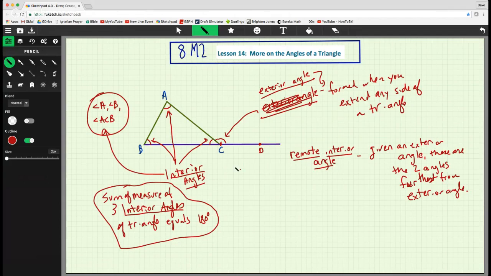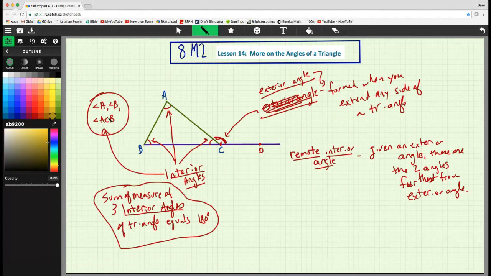Okay, so if this is our exterior angle, angle ACD, there's two angles of the three angles, which are the remote interior angles, the ones that are furthest from this angle.